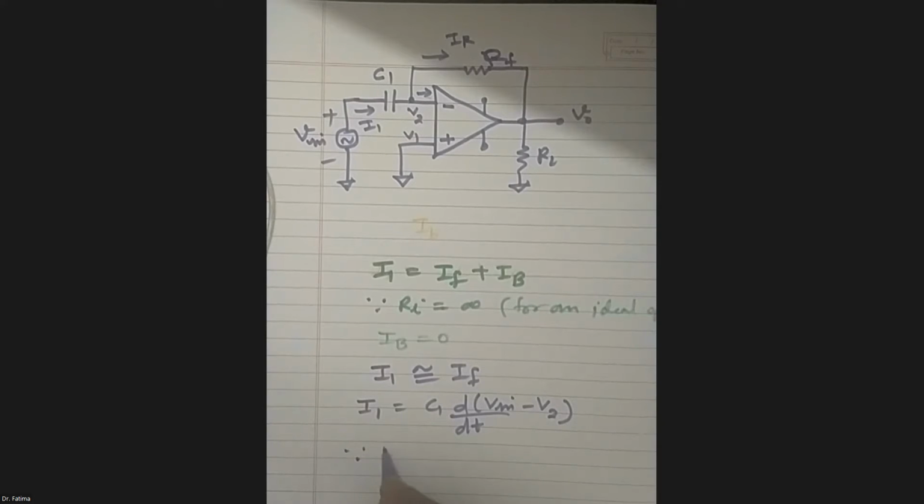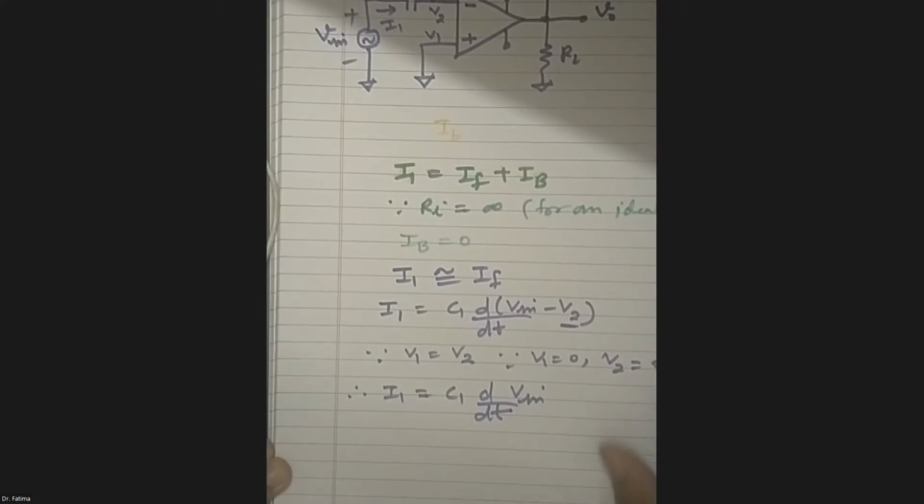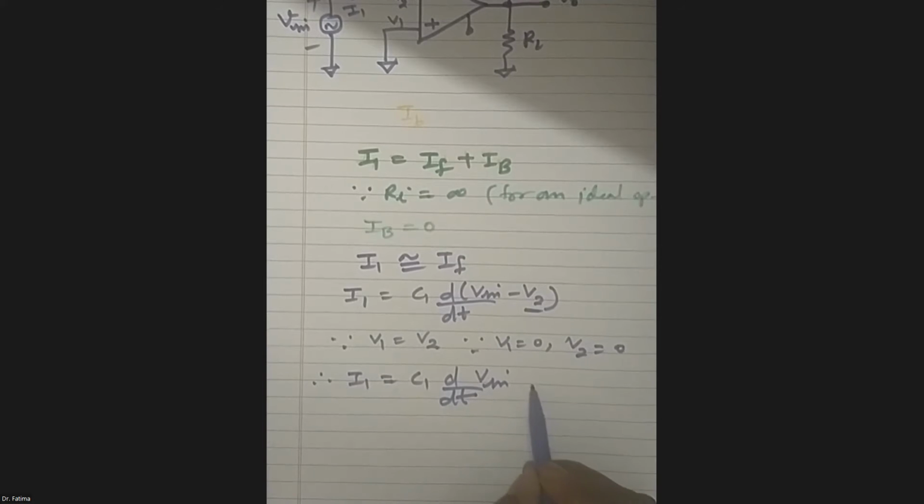But we know that V1 is equal to V2, and since V1 is equal to 0, V2 is also equal to 0. This is due to virtual ground. Now I can put V2 equal to 0 here. Therefore, I1 is equal to C1 d by dt of Vin. Let this be equation number 1.